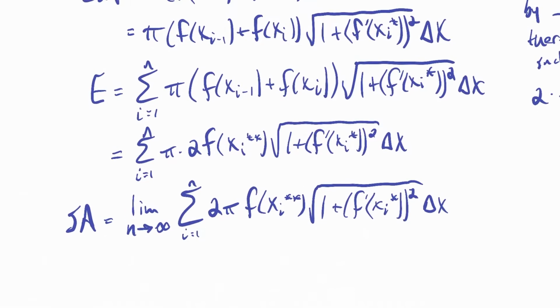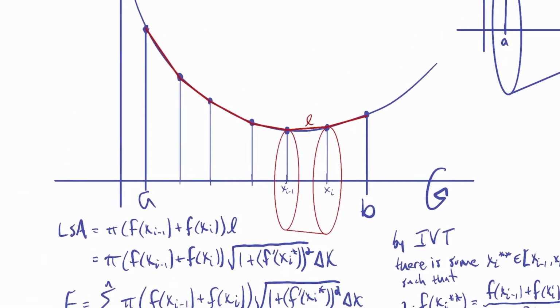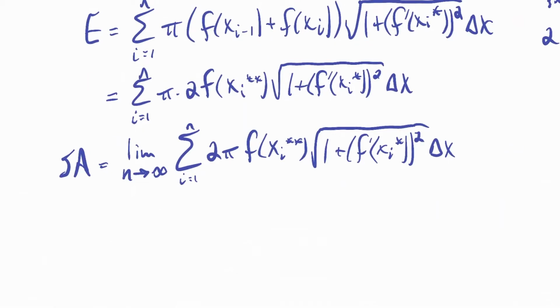Now, we are obviously not going to go through this every time we want to calculate a surface area. We're going to get a formula out of this. And you might notice, this looks an awful lot like what we did with the arc length, where we had a limit of a sum of something multiplied with delta x. The number of objects is going to infinity, delta x is going to 0. This is an integral.